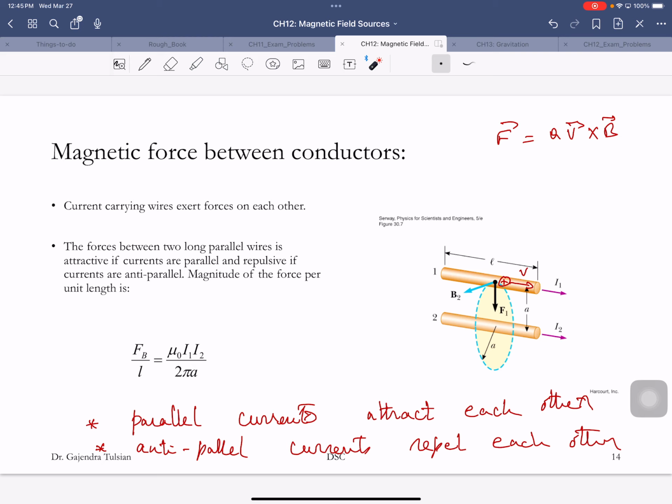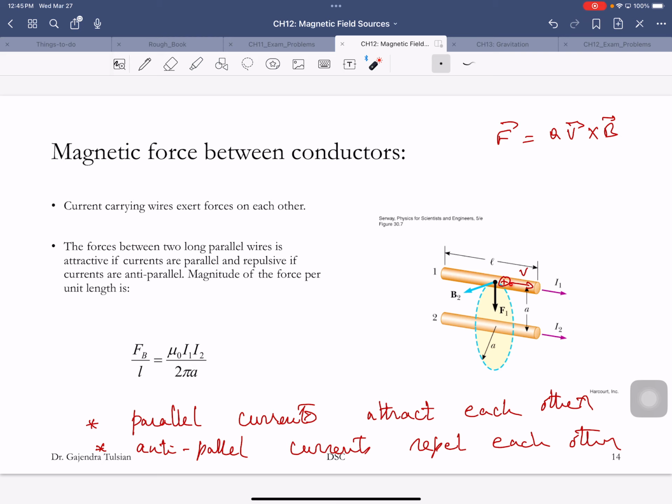What this is showing you is if you have two parallel wires and they carry current in the same direction, they'll attract each other. So, what is happening? This wire is producing a magnetic field all around it. In particular, it's producing a magnetic field at the location of this wire. And when this wire carries a current, it has moving charges, and those moving charges feel a force in the presence of this magnetic field.